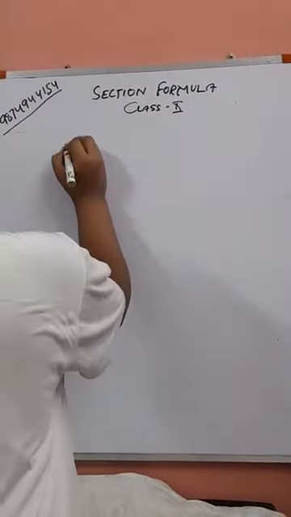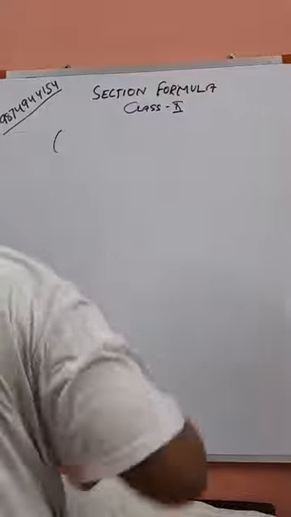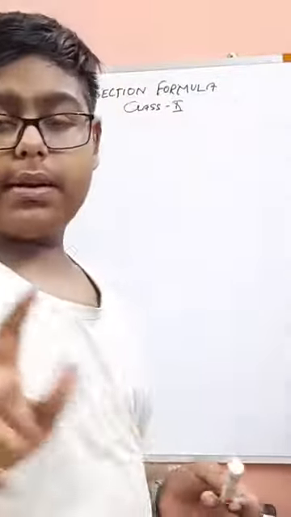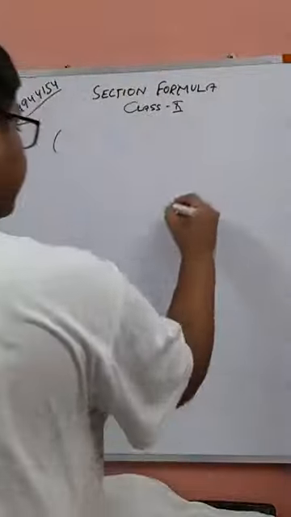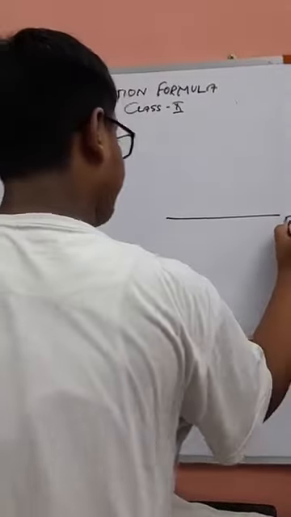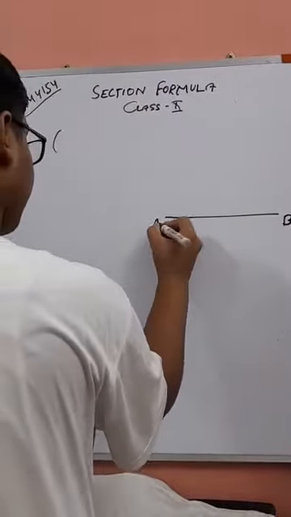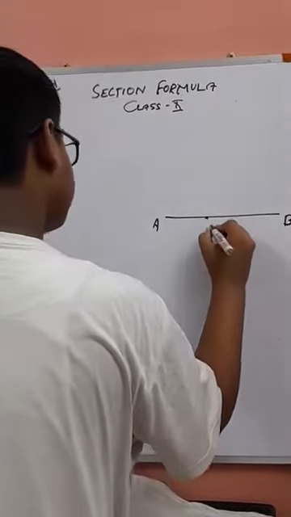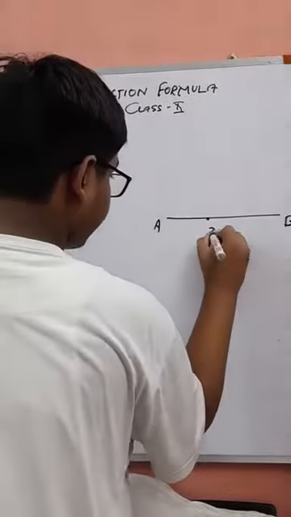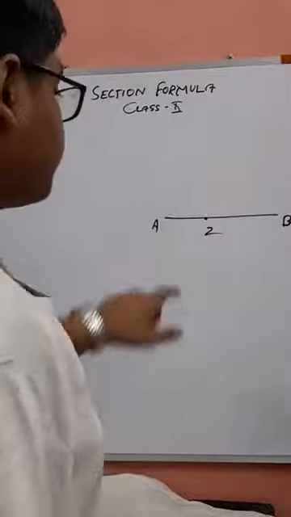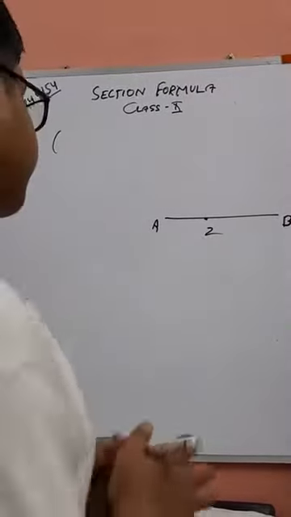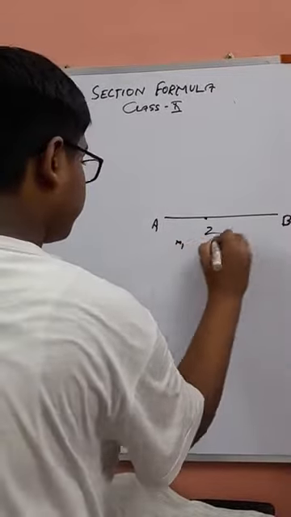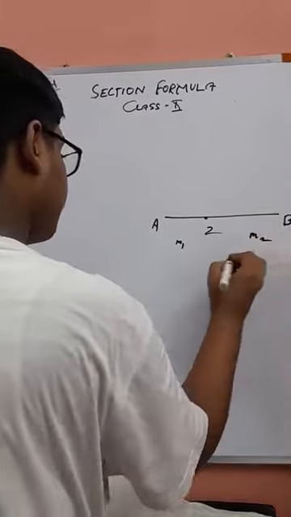The first formula is for finding the point between a line. For example, the line is CA and somewhere this is the point Z, and the line is cut in the ratio m1 is to m2.